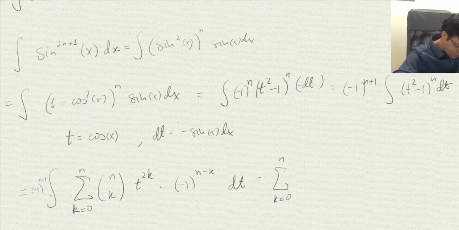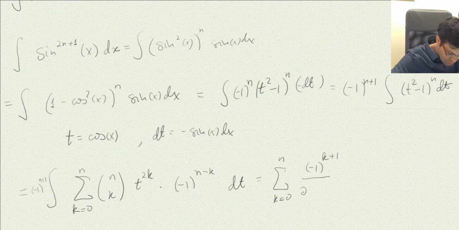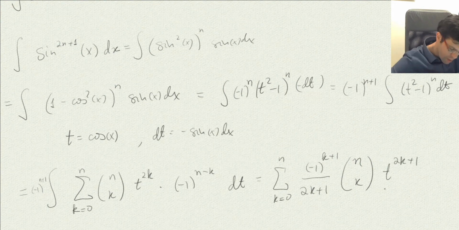Minus 1 to the power of minus k is actually the same as minus 1 to the power of k. So all in all, the minus 1's become minus 1 to the power of k plus 1. And here when we integrate t to the power of 2k, it's going to be 1 over 2k plus 1, the binomial coefficient n choose k, and then t to the power of 2k plus 1, and of course not to forget plus a constant.